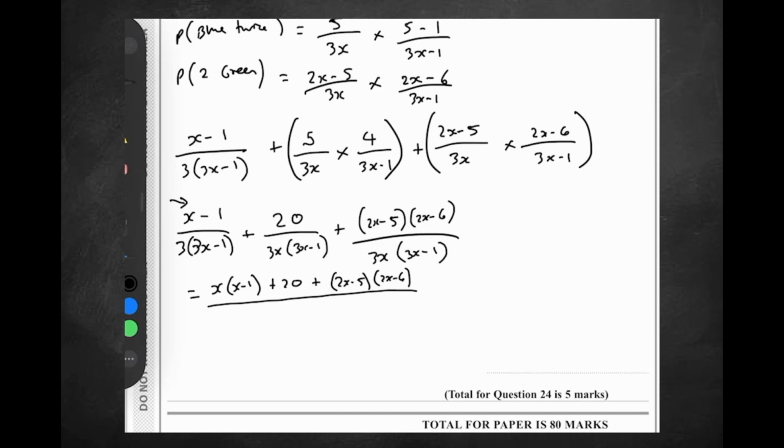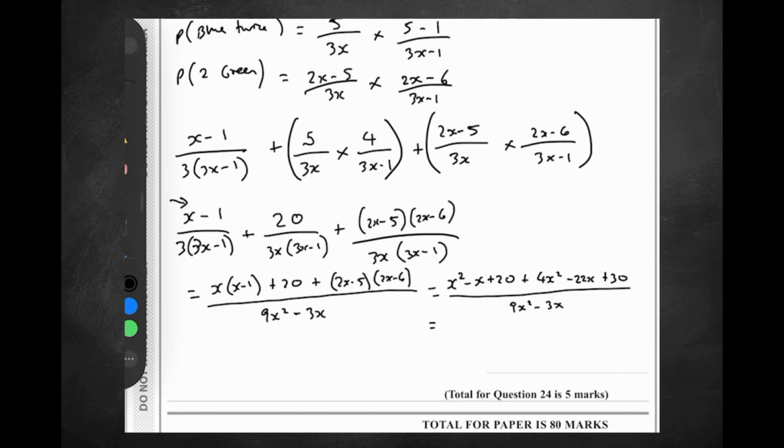So it's now 3x times 3x minus 1, which we're just going to call 9x squared minus 3x. We'll simplify the top now. x squared minus x plus 20 plus 4x squared minus 10x minus 12x would be minus 22x. Minus 5 times minus 6 is plus 30. All over 9x squared minus 3x.